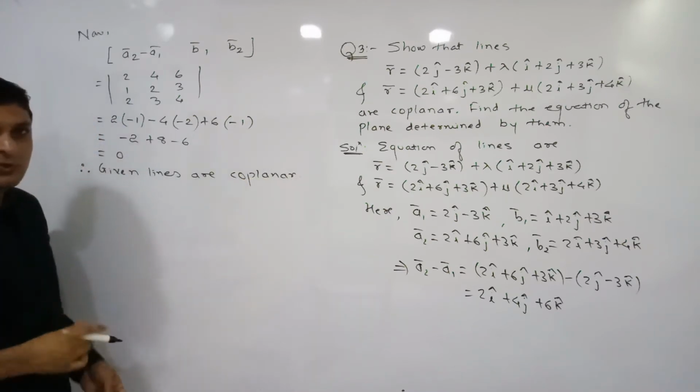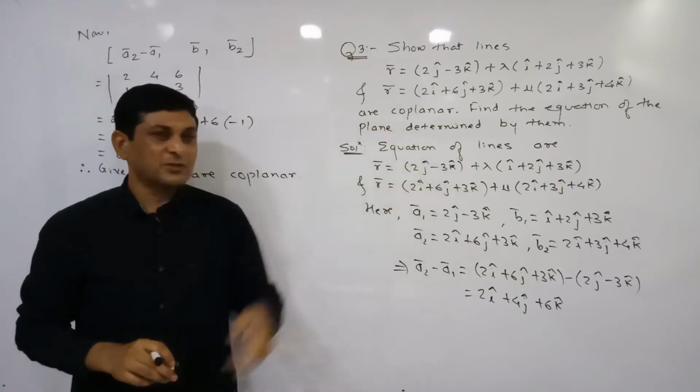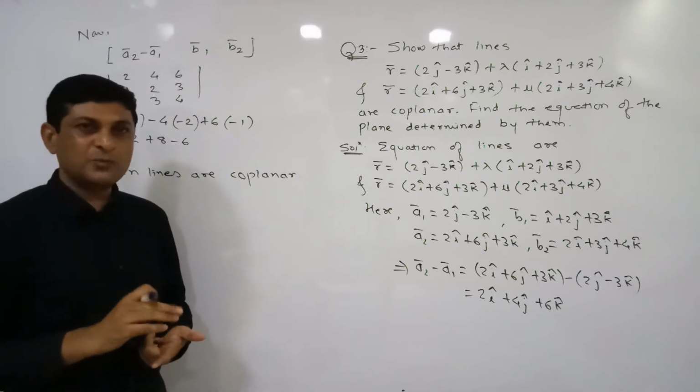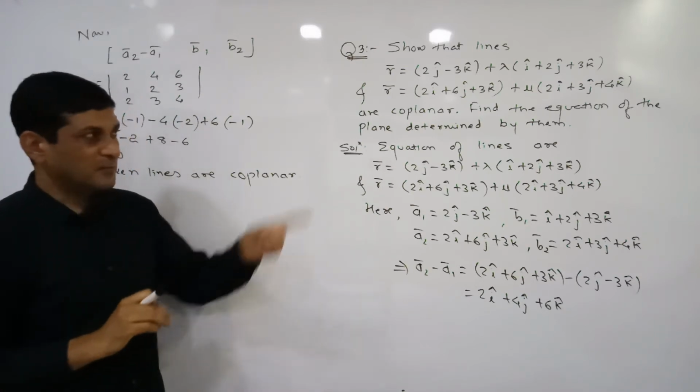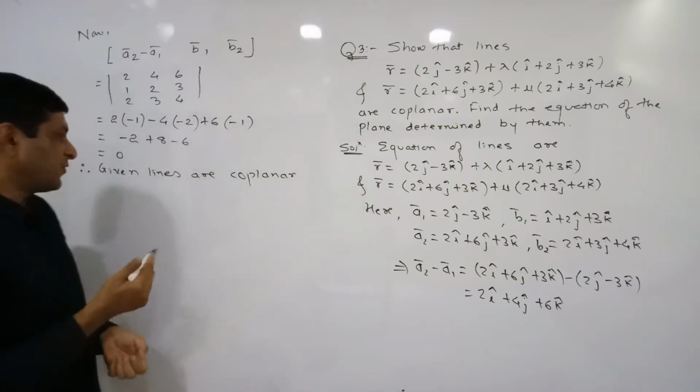Once we have shown that the given two lines are coplanar, the second part is to find the equation of the plane determined by them. We have already written one formula to find the equation of the plane determined by these two lines. What is that formula?